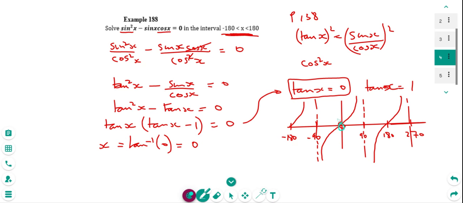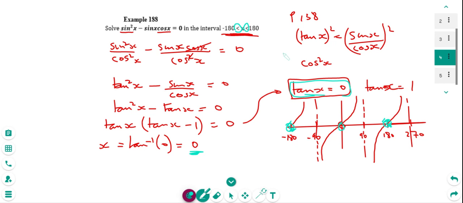We've also got potentially an answer here and an answer here. However, being very careful with this one, it's not equal to, it's just greater than and less than, so we're not going to have these two solutions. So tan x equals 0 only has one solution in the range, which is x is 0 degrees.